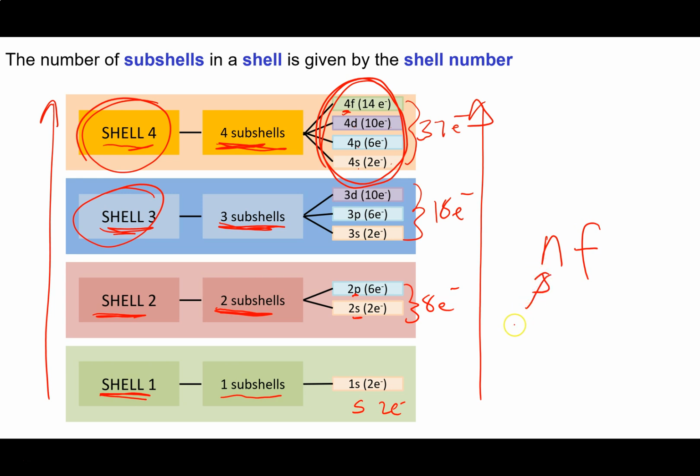So that's telling me exactly where the subshell is. That's the shell number, and then that's telling me what type of subshell it is. Later on, we're going to put a number here that's going to be the number of electrons that is in that particular subshell.